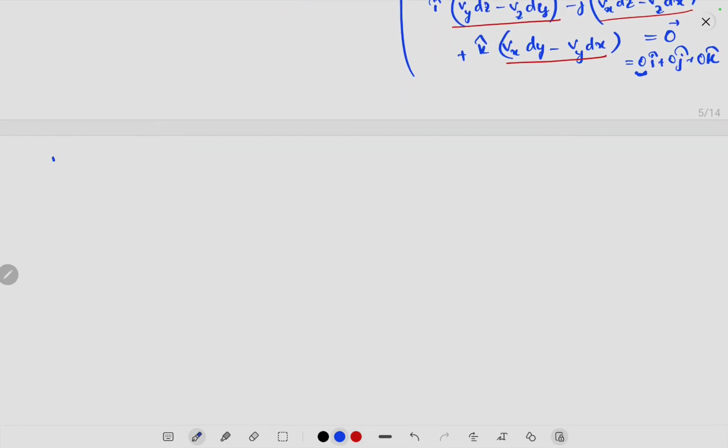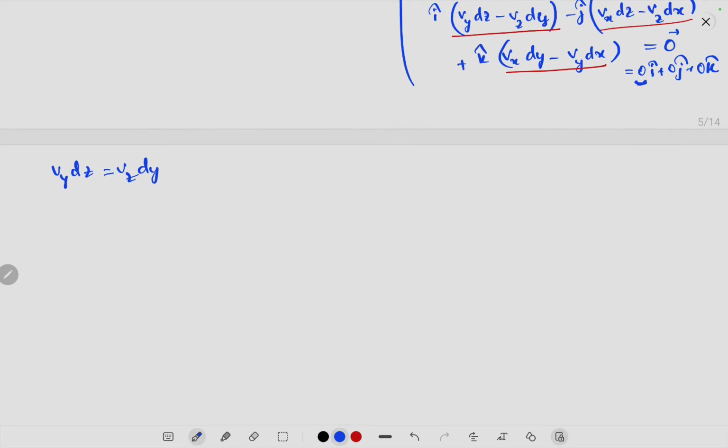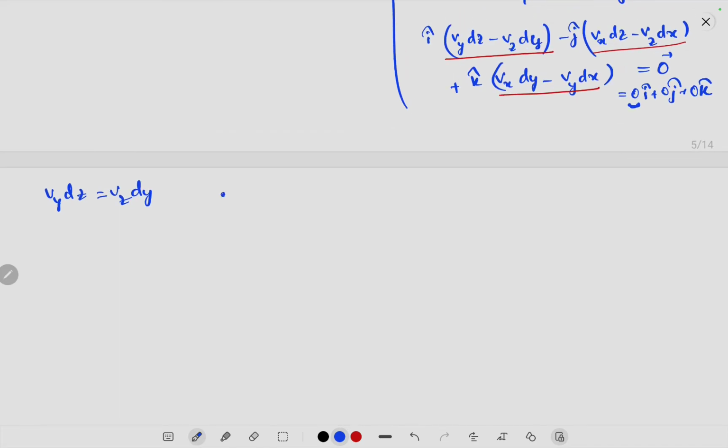So we have vy dz minus vz dy equal to 0, which I can write as vy dz equals vz dy. Similarly, I will have vx dz equal to vz dx and vx dy equal to vy dx.